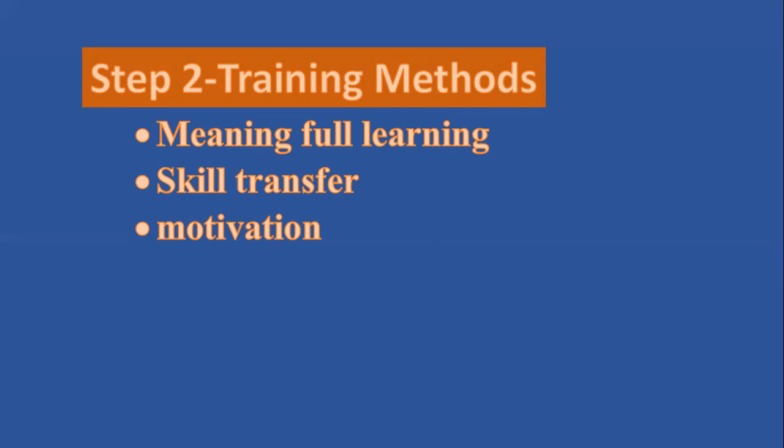Second, it is imperative to design the training to make it easy for the skills being learned to transfer from the training site to the job site. This can be accomplished by maximizing the similarity between the training environment and the work situation and providing time for adequate practice.